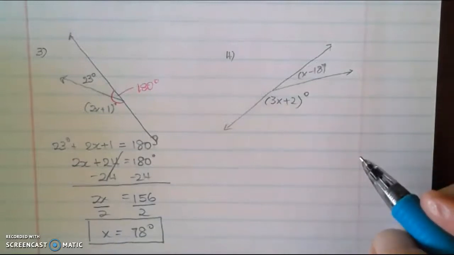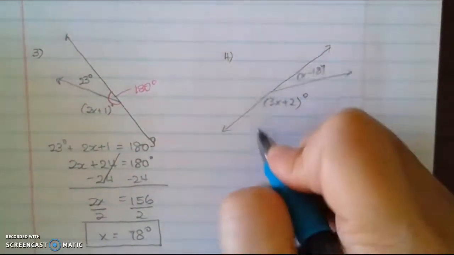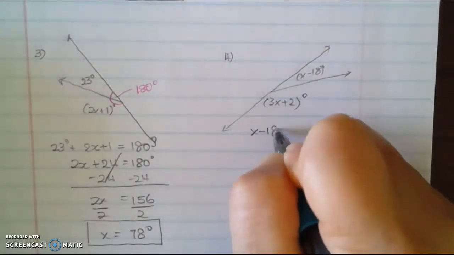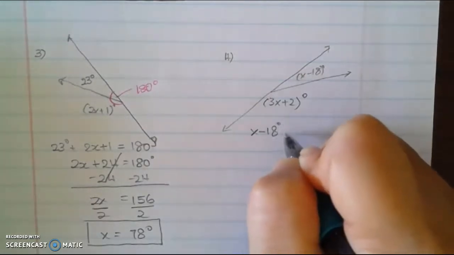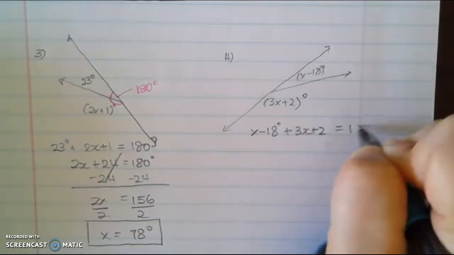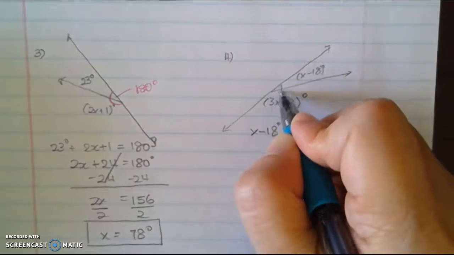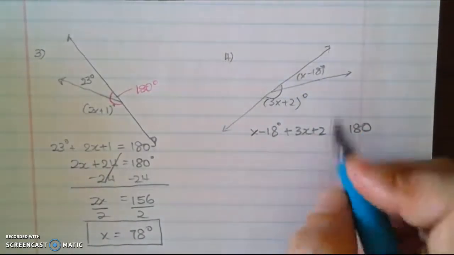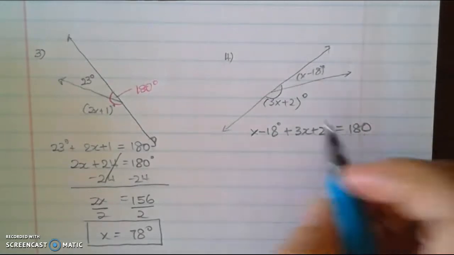Okay, what about the last one? Again, these two angles are going to add to 180 degrees, so x minus 18 plus 3x plus 2 is going to add to 180 degrees because it's a linear pair. They are supplementary because they are going to form a straight line together, and that straight line is 180 degrees.